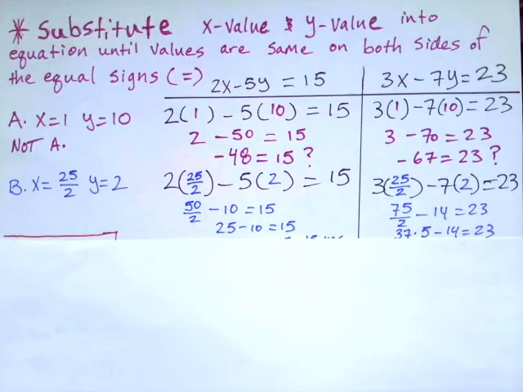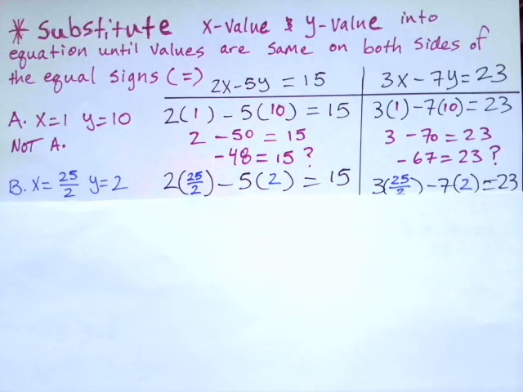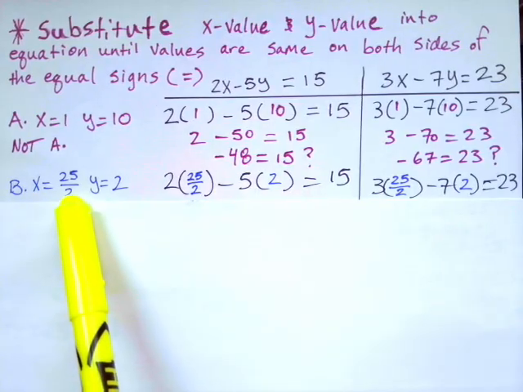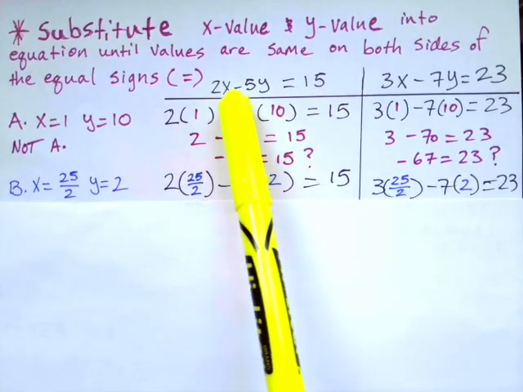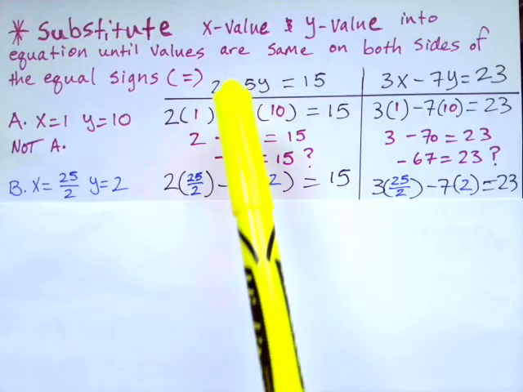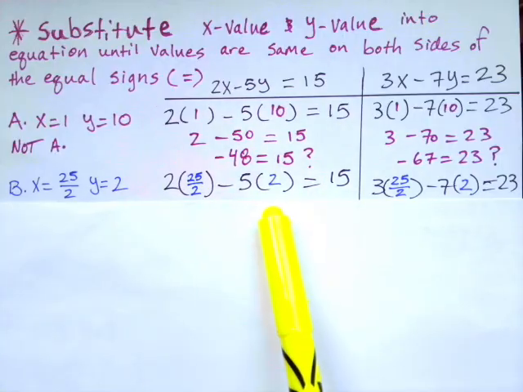So I don't like fractions, but I wanted to show you this. I thought it was important, and you should try it. So if x equals 25 halves, I'm going to substitute 25 halves for x like I did here. Minus 5 times my y equals 2, so I'll substitute 2 for y.